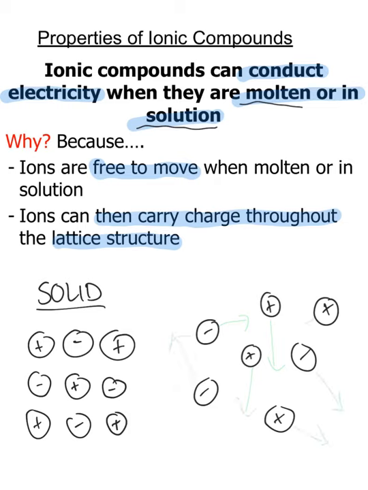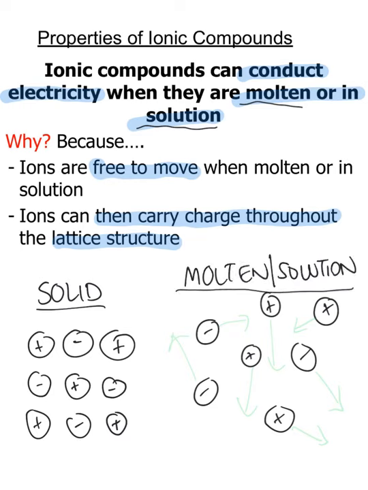When those ions are free to move, they can carry charge. If they can carry charge, they can conduct electricity. So this is when the ionic compounds are molten or in solution. Remember, molten just means that they've been melted. Solution means they have had water added to them.